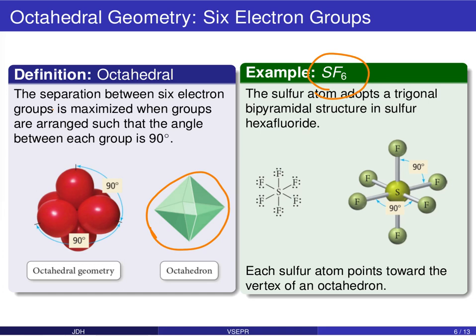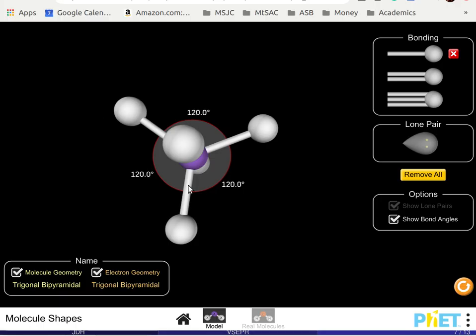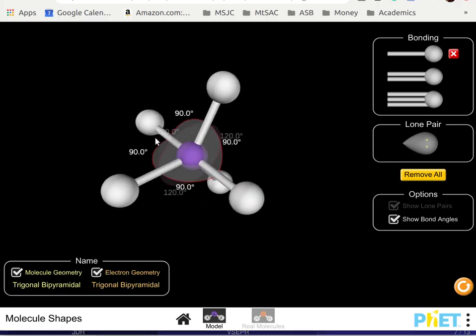All right. So then the last thing to do now is to take these trigonal bipyramidal and octahedral geometries and ask the question, well, what happens if we introduce lone pairs of electrons? Okay, well, if we have 5 electron groups and we have a single lone pair, we're going to end up with something that we call a seesaw geometry. And so we can visualize this going again back to our simulation.